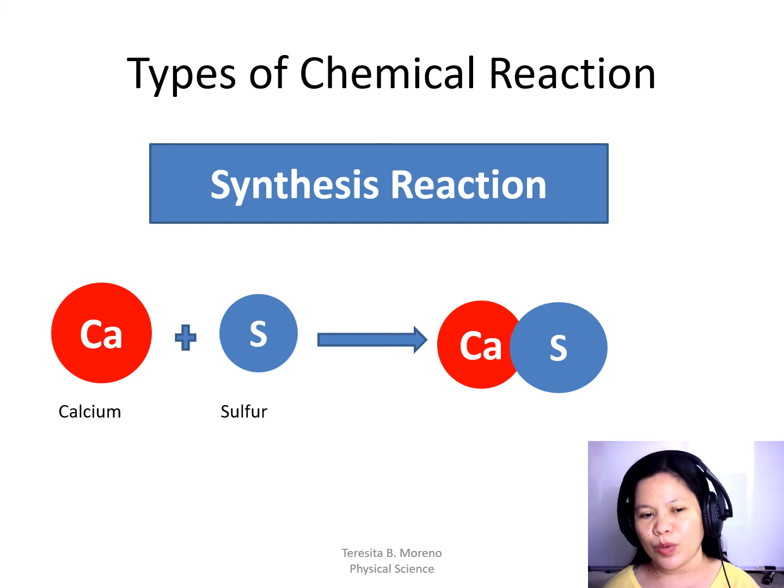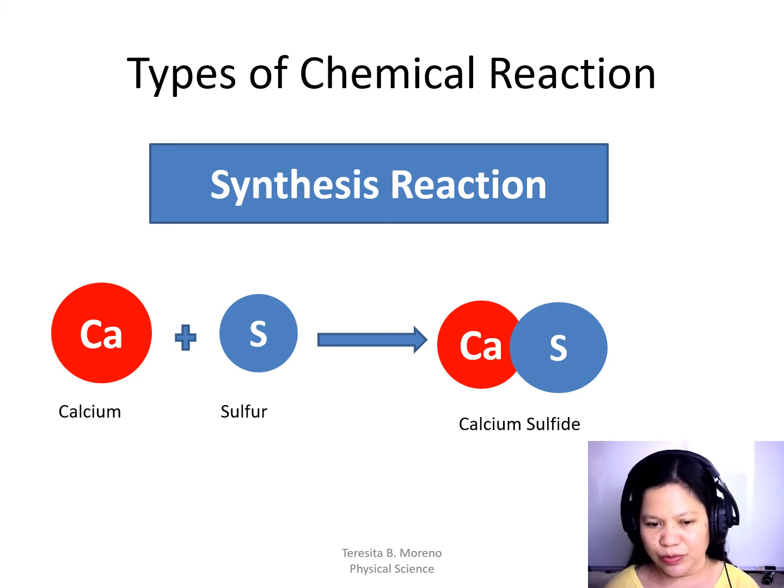That's why we name calcium first and then sulfide next. So you have to change sulfur into sulfide, or change the last letters into IDE. I hope that's clear. This is synthesis reaction.